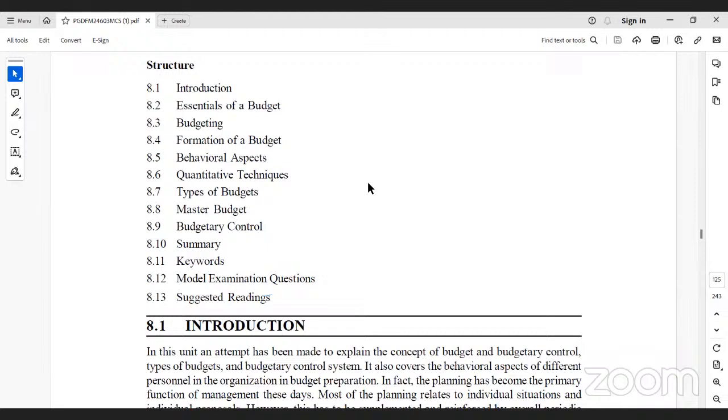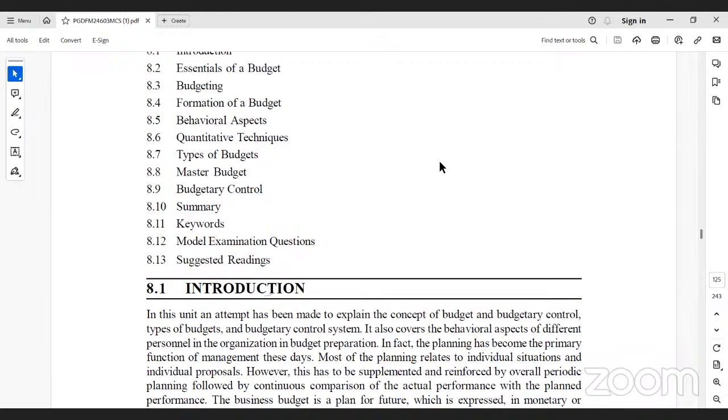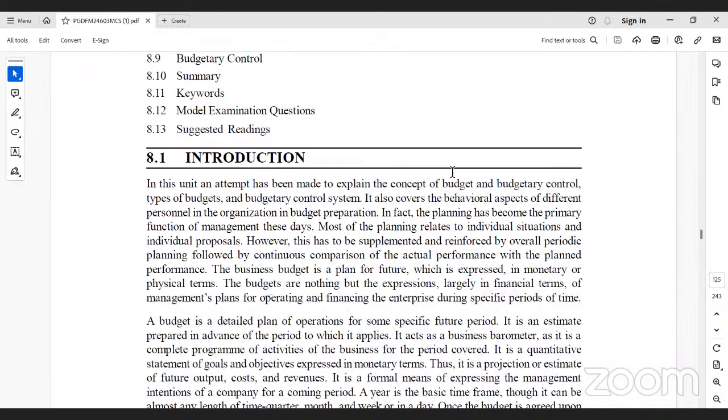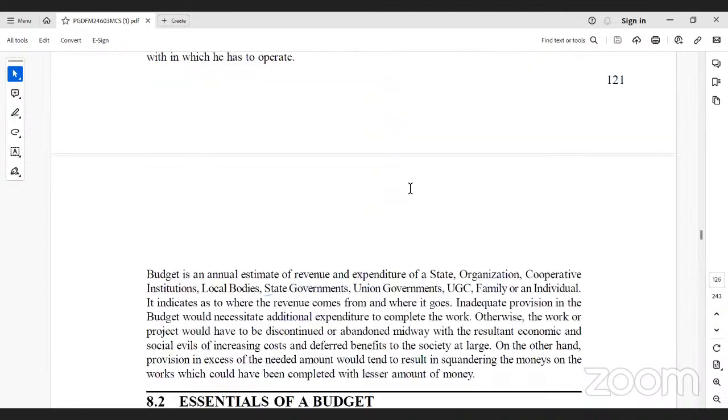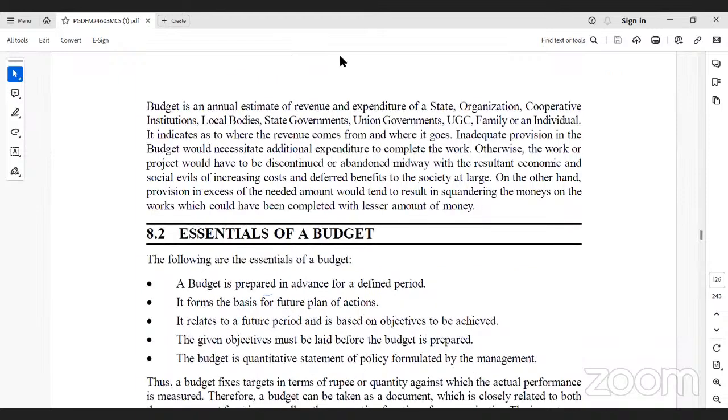These budgets also help the management to control its operations, as they compare budgeted figures to actual figures and evaluate the firm's performance. So it is one of the control methods for measuring performance. Okay, so the essentials of a budget, that part we'll discuss. Okay, so I will stop here.